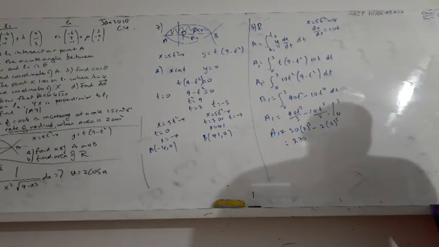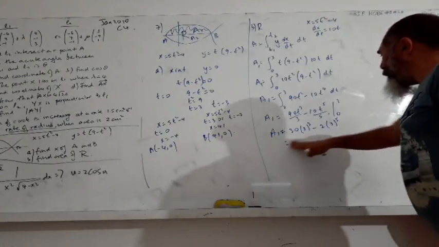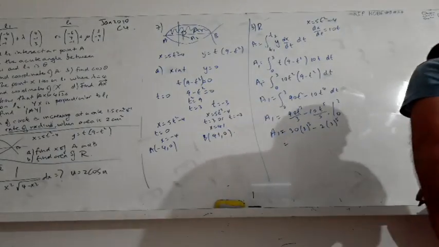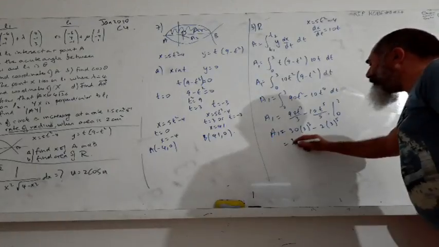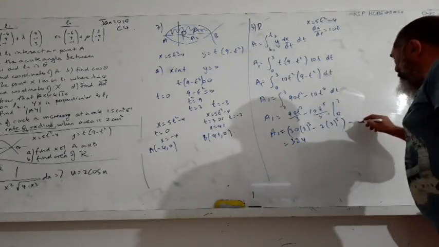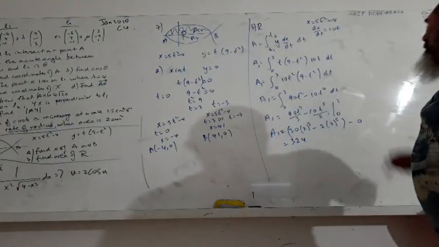The total area is equal to, by using a calculator, 324. Put 0 there because when we substitute 0, it becomes 0.